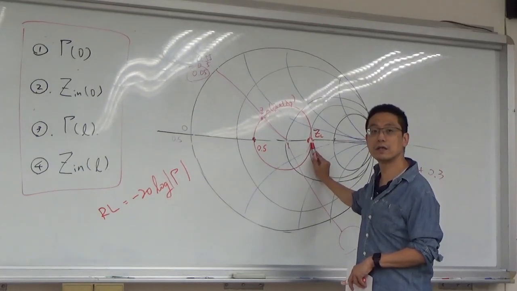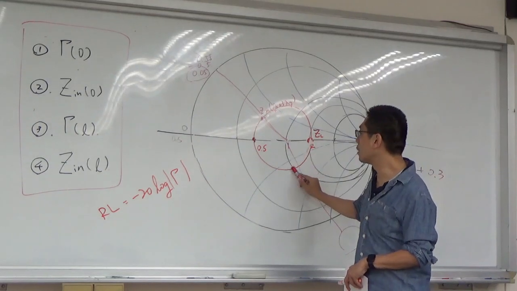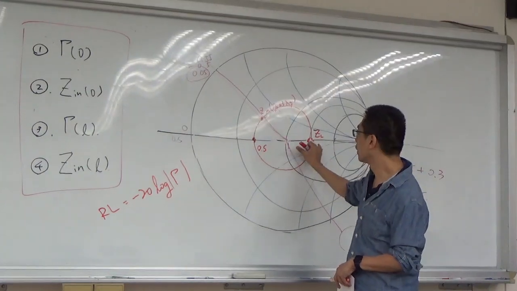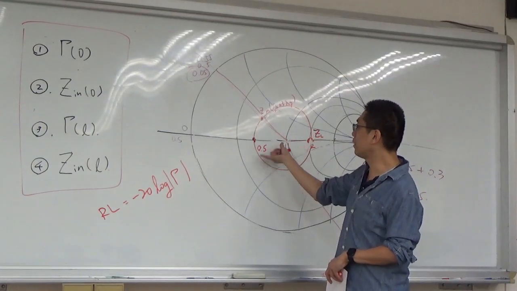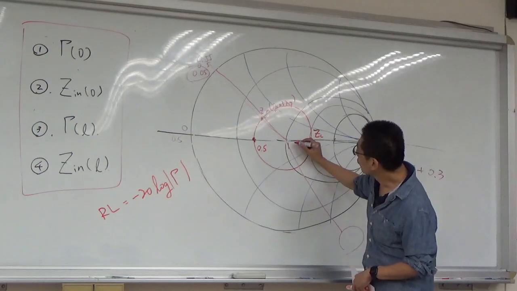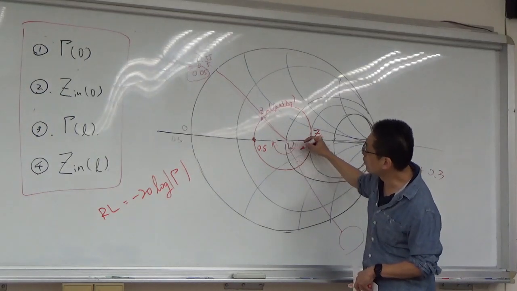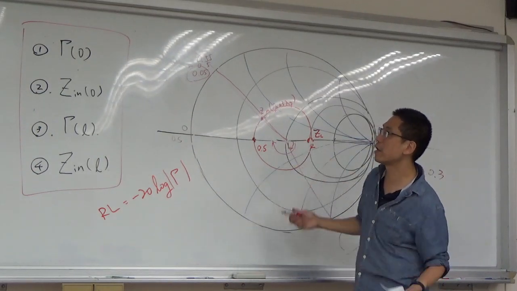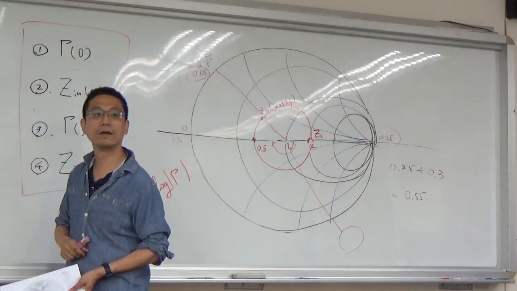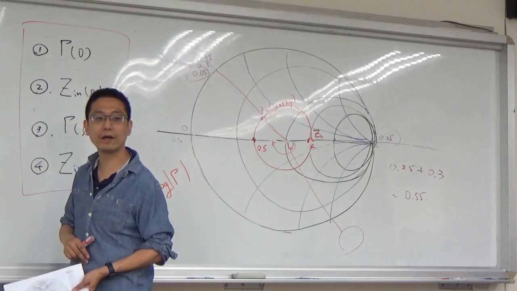The thing is, you need to understand where your ZL is depending on the angle. The new angle, change this angle to a new angle. And this angle is the same as your beta L. Too complicated?